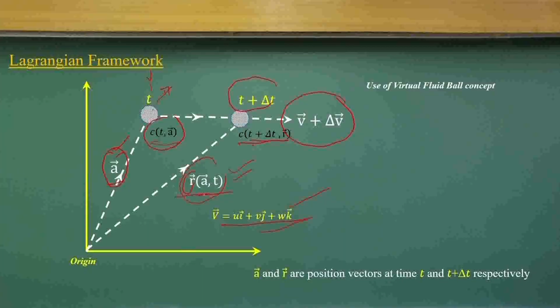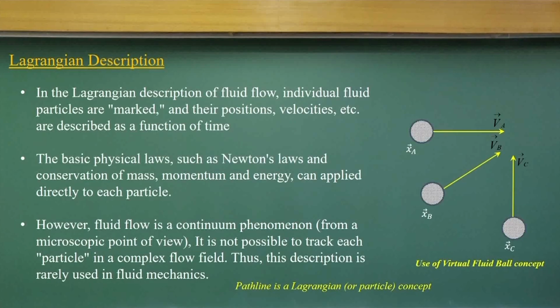So if I am tracking n number of virtual fluid balls, that means I am describing the velocity field, the pressure field, the acceleration field, the density field. And how these vary with the position vectors, that is what we are illustrating. That is the Lagrangian framework concept with virtual fluid balls.